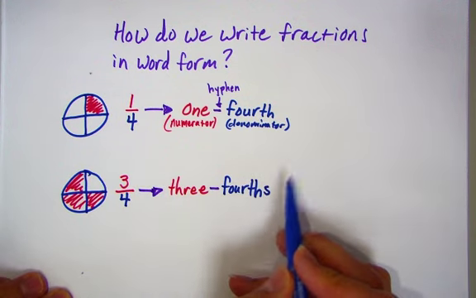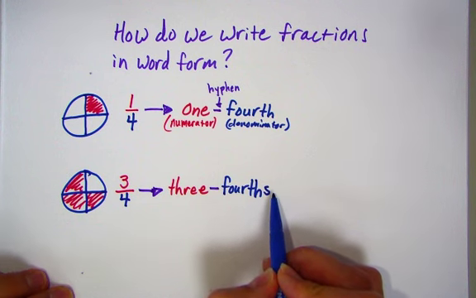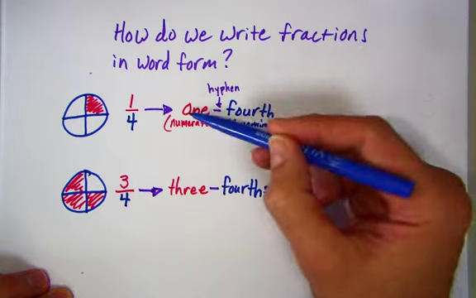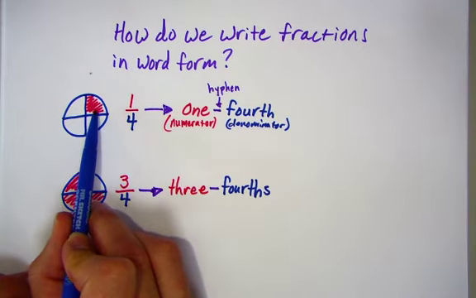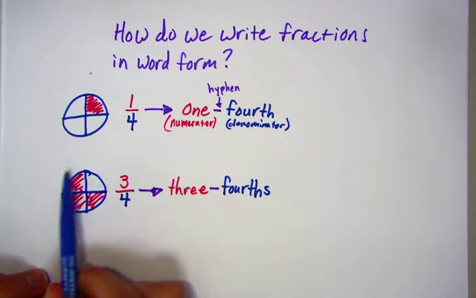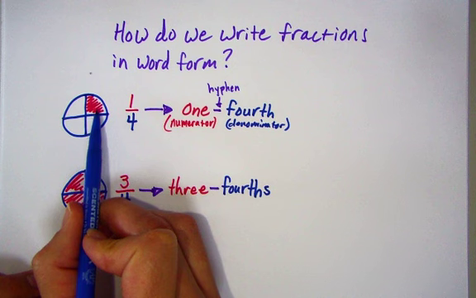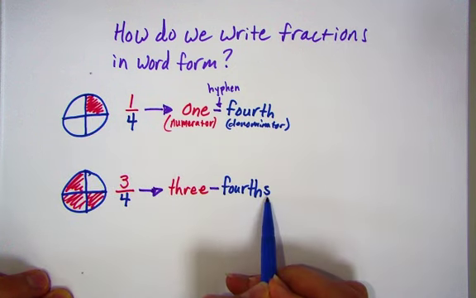Now, I asked you, why do we put the S on the end? Well, let's look at these two examples. Here, we only see one of the 4 equal parts. Here we see 3. 1 is singular. 3 is plural.